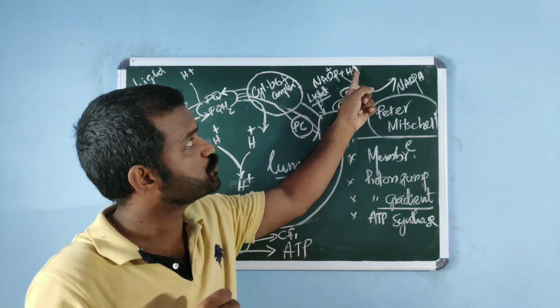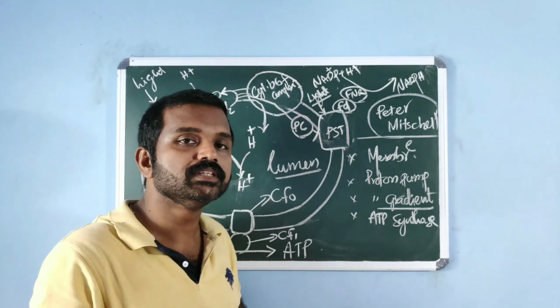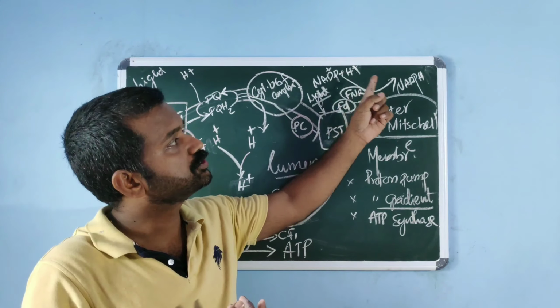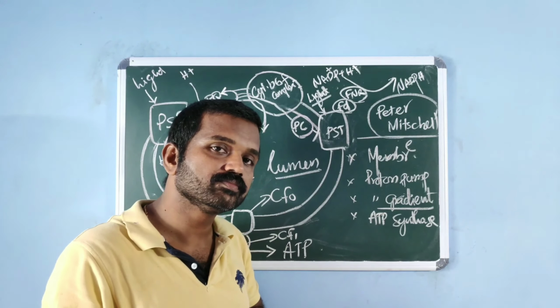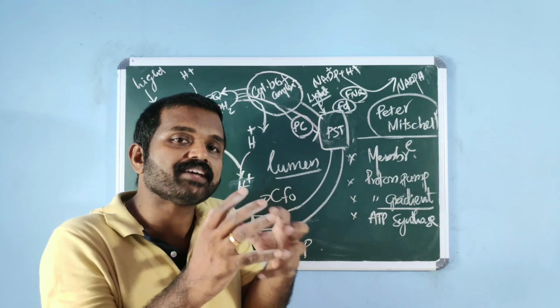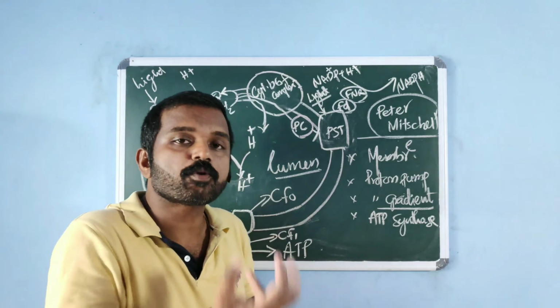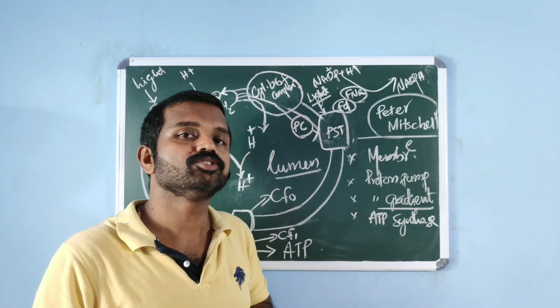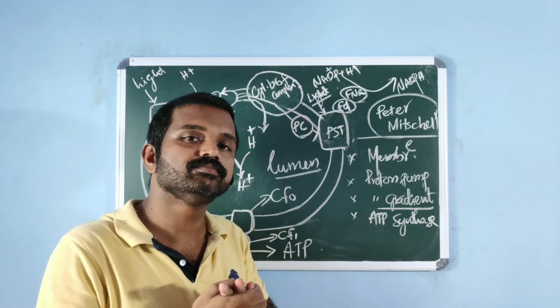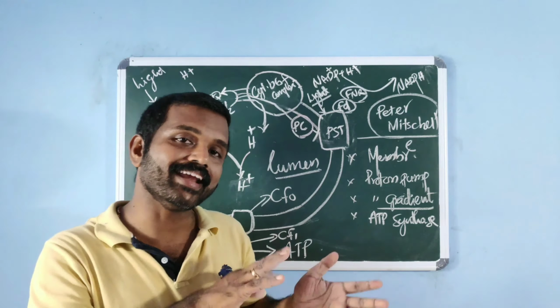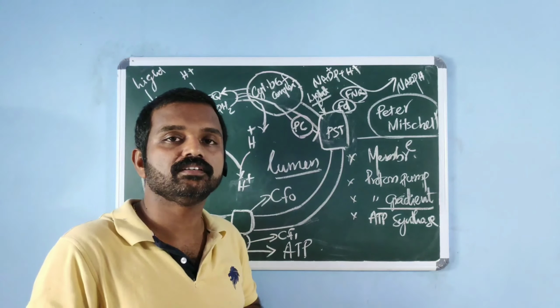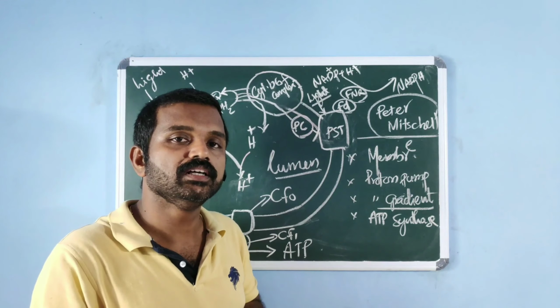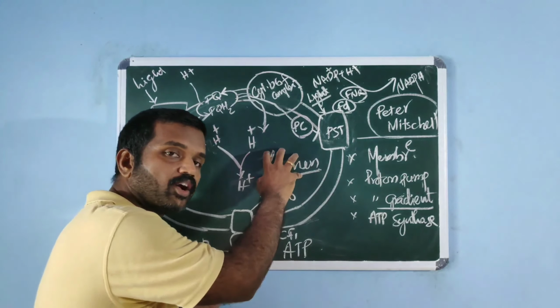But it takes H plus from the stroma to reduce NADP plus into NADPH. That means this enzyme's activity decreases the proton concentration in the stroma. So these are the three reasons responsible for creating a proton gradient across the thylakoid membrane, that is, more protons in the thylakoid lumen.